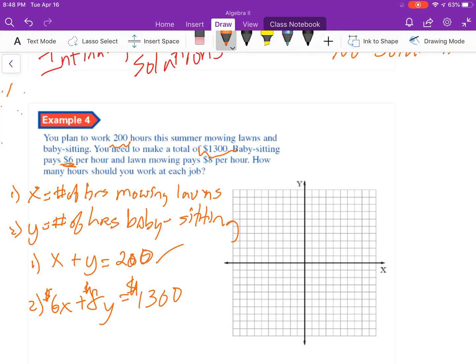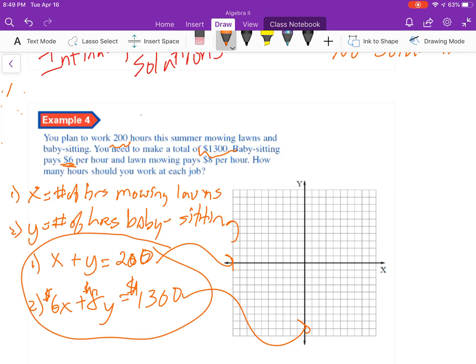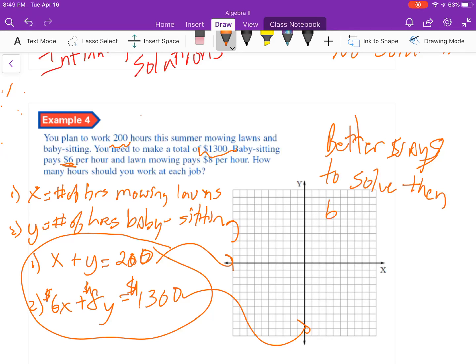Now, graphing 200 and graphing 1,300 on your graph, probably not the most ideal situation, but I'll tell you this, there are better ways to solve than by graphing. What I want you to get into the swing of things is writing these two equations. That's really going to help you out in the end.